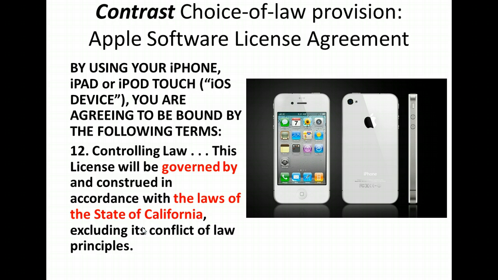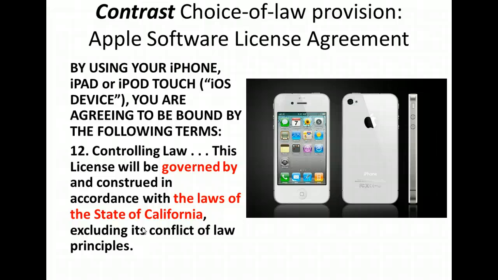Now, this isn't strictly a personal jurisdiction slide, but since I just talked about forum selection clauses, I wanted to make sure that you understand the difference between a forum selection clause and a choice of law provision. So here's an example from the Apple software license agreement that you undoubtedly clicked on if you're using an iPhone, iPad, or iPod Touch.